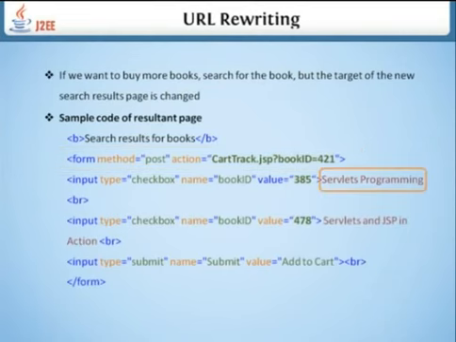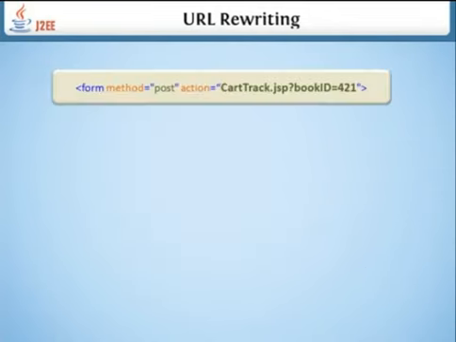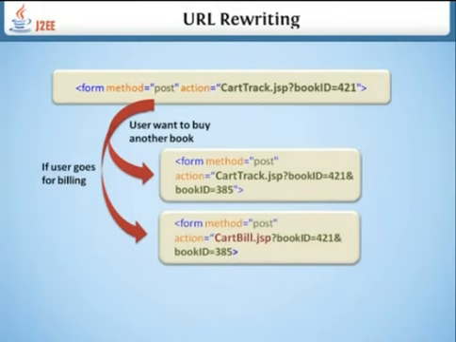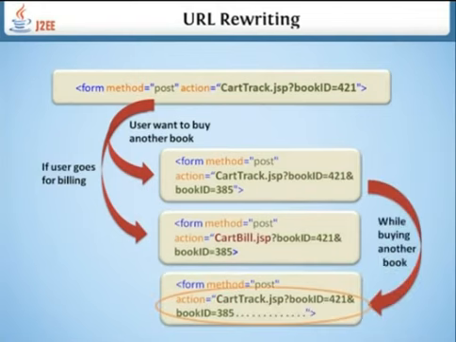This is a book name, Servlet programming. The method is post and the action is cart track.jsp. The user wants to buy another book. If the user goes for billing, it will call another page. While buying another book, it directly calls another form.